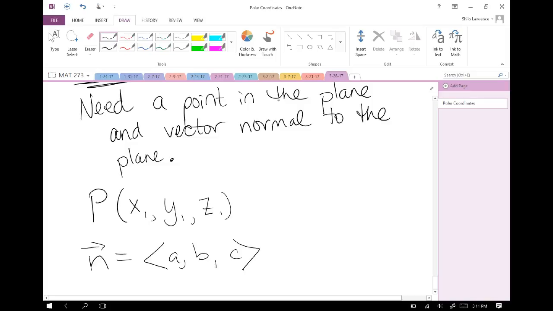So the definition for a plane are all the points where the normal vector is at a 90-degree angle to some other vector that connects with P, where Q is some random vector in space, x, y, z.